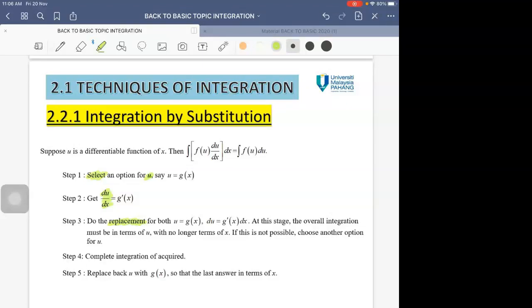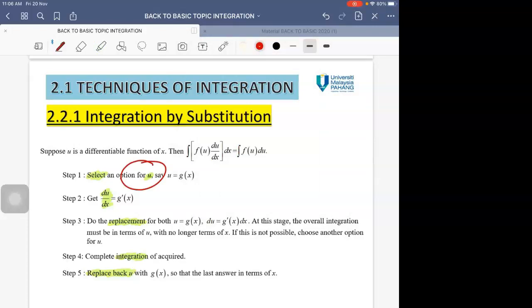After you do the integration, you evaluate. At the end, you must replace back what you let at the first step.